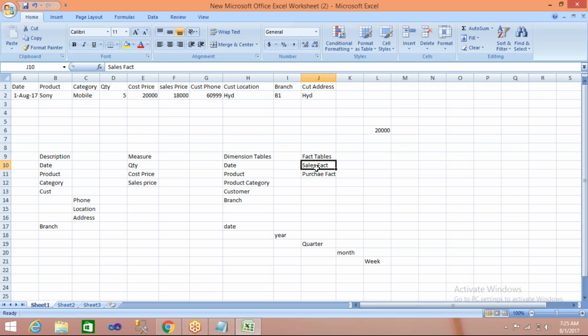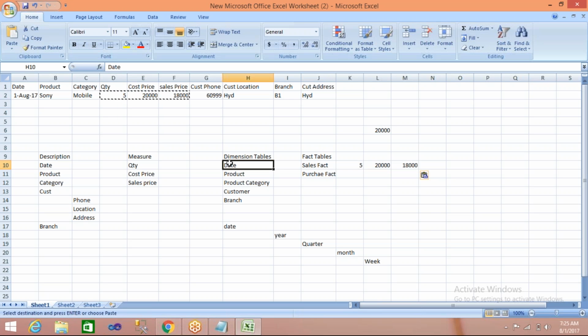If you look at the measures, this is the sales information, and only this information I'm having in my sales fact. By looking at this data, how can we say that this is related to a particular transaction? We can't say.